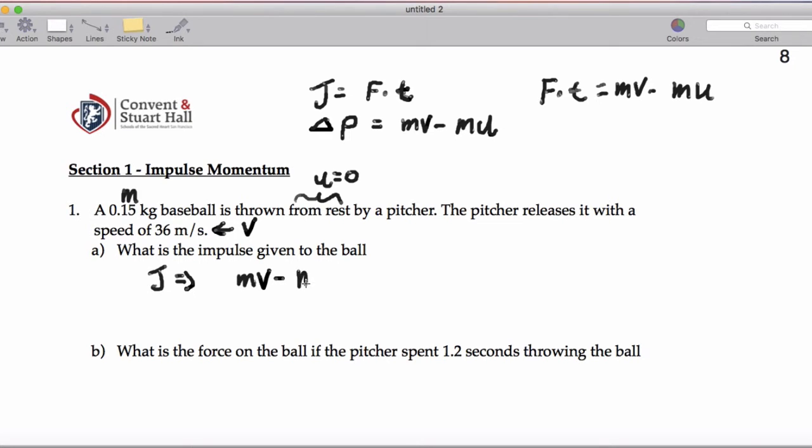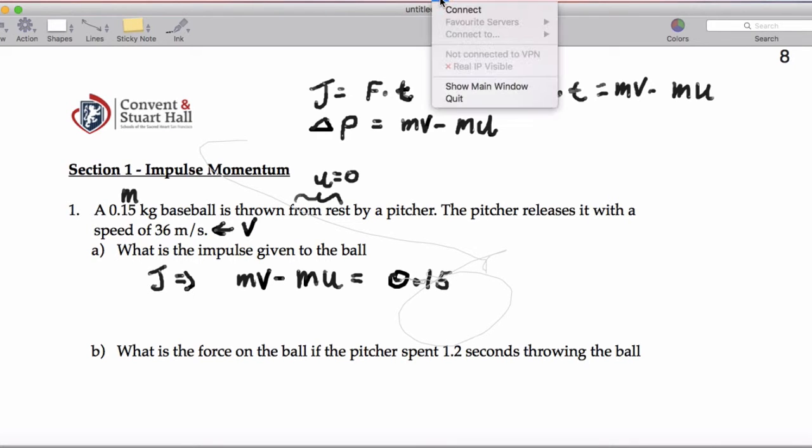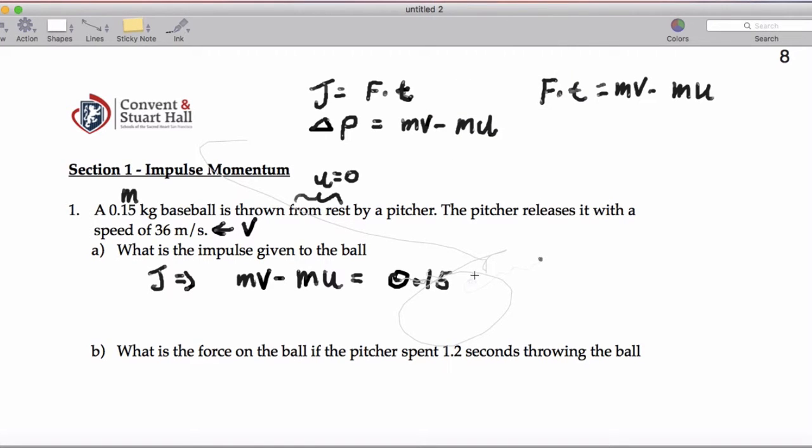So that'll be mv minus mu, which will be 0.15 times 36 minus 0.15 times 0. And that will give us a change in momentum equal to 5.4 Newton seconds.